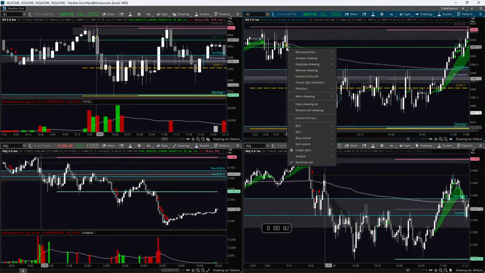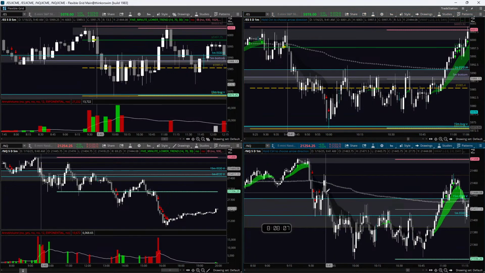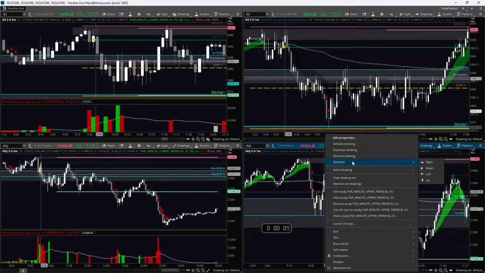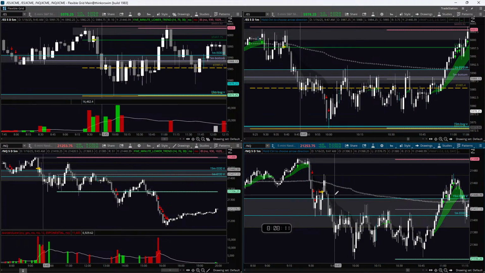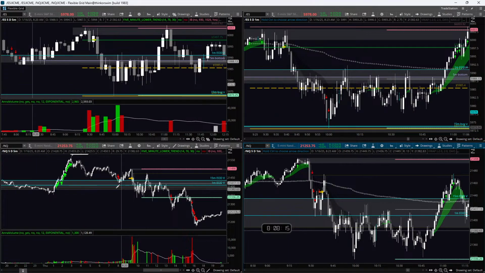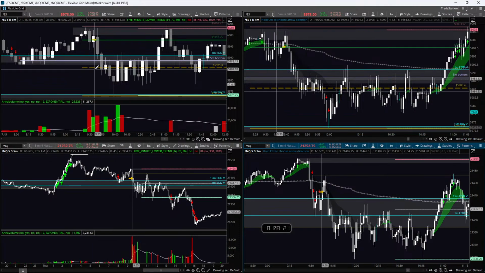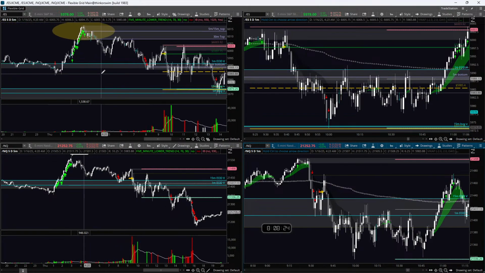Entry right here, which would be this entry right here. You can see that ES is also, NQ is also in the downtrend. So we're on the down, no, this is buying zone. Yeah, this is a demand zone for, there's no demand zone here.